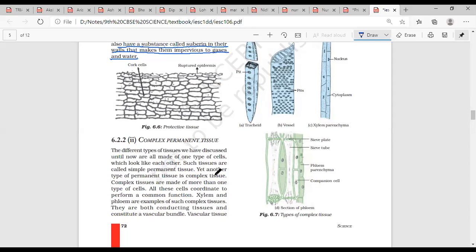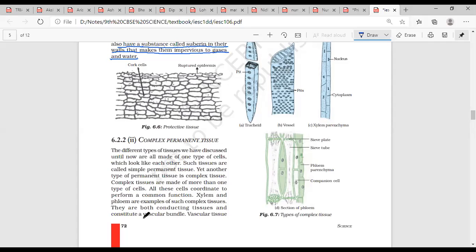So here first we have to learn what we mean by complex permanent tissues or complex tissues. They consist of more than one kind of cell. The tissue consists of different types of cells. Each one's function is different, but all together they perform one single task. That is the reason they are called complex permanent tissues.